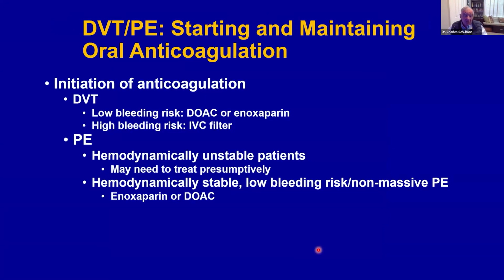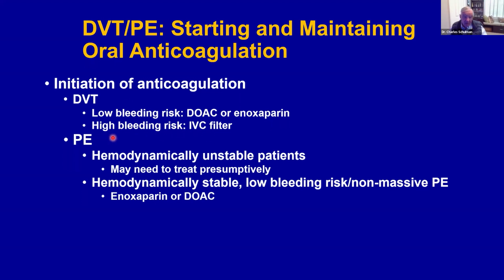Okay, so starting and maintaining oral anticoagulation in DVT-PE, you have to assess the bleeding risk. For DVT, if there's low bleeding risk, either DOAC or enoxaparin. If there's high bleeding risk, place an IVC filter.